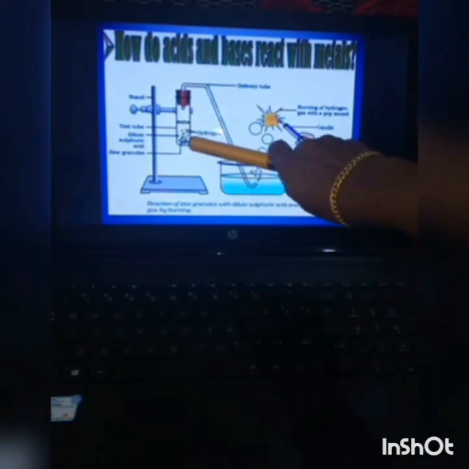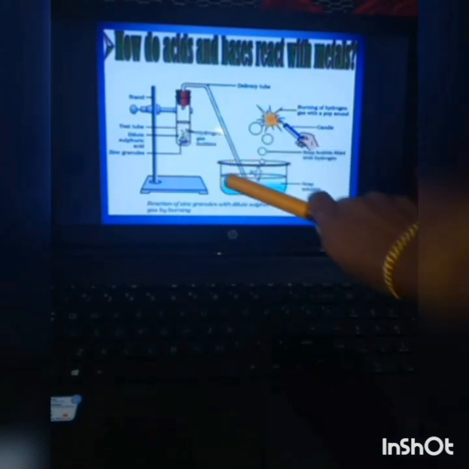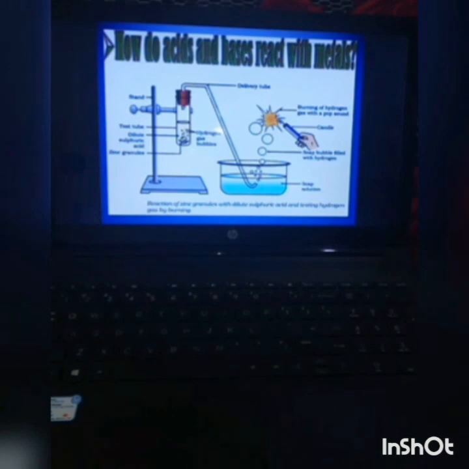If, instead of dilute sulfuric acid, we take a base solution, the same reaction happens. So generally we can say that when an acid or a base reacts with a metal, hydrogen gas is evolved. The reaction here is: acid reacts with metal to form salt plus hydrogen gas.